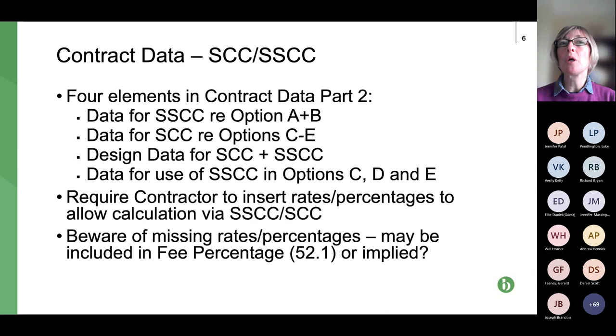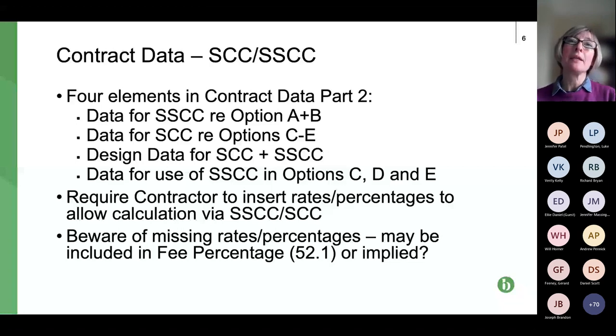Then there's the data to complete for the schedule of cost components if you're on options C, D or E. There's also design data for both, whether you're on options A and B or options C, D and E. And then there's also the data where you're on options C, D and E, but if you remember the last slide, you've got the option to agree to use the shorter schedule. So there's data to include in there.